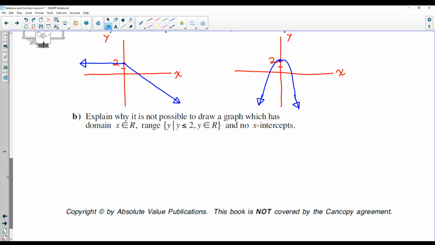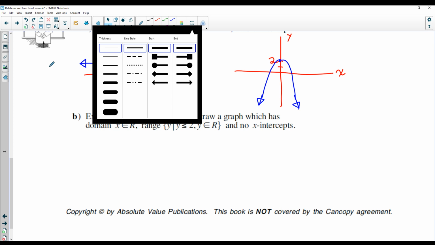Okay, B says, explain why it is not possible to draw a graph which has an infinite domain, so all x values are allowed, and a range that is less than or equal to positive 2, but no x-intercepts. Okay, so let's just sketch a little graph here.